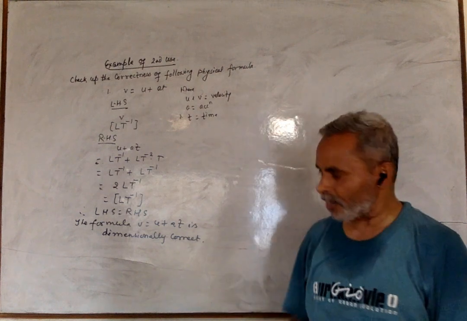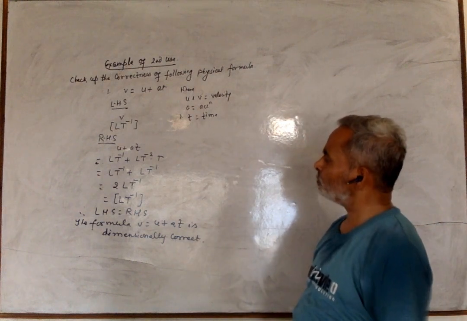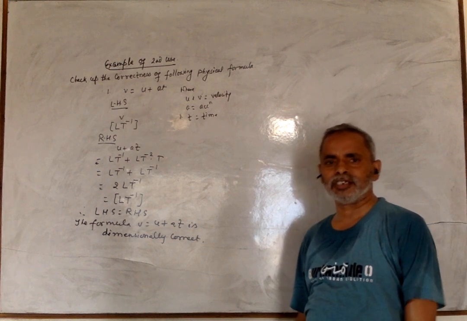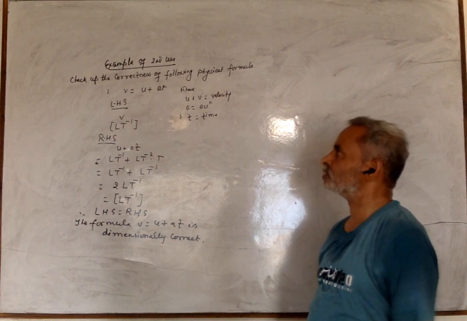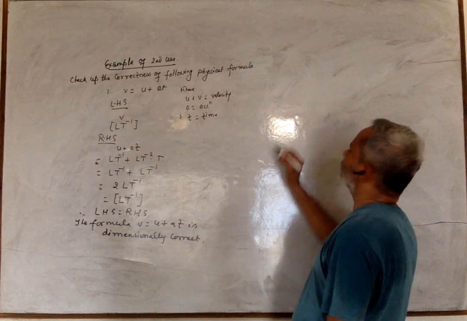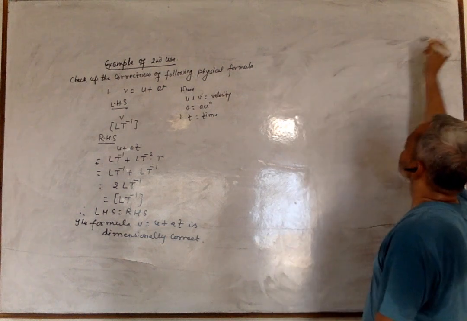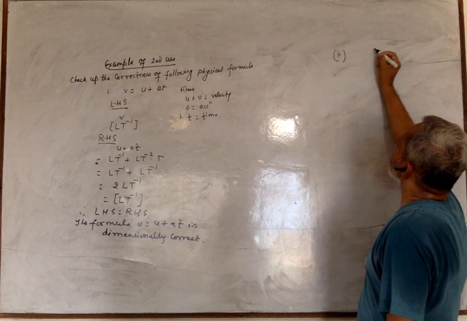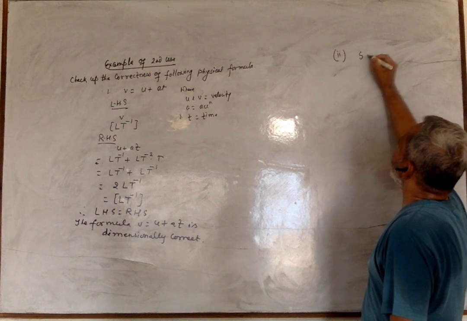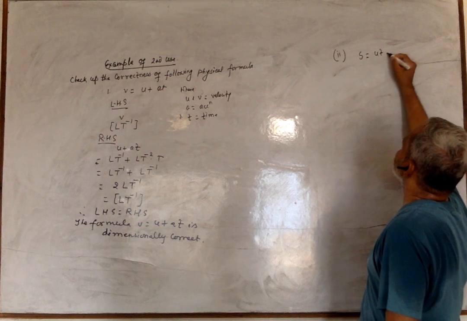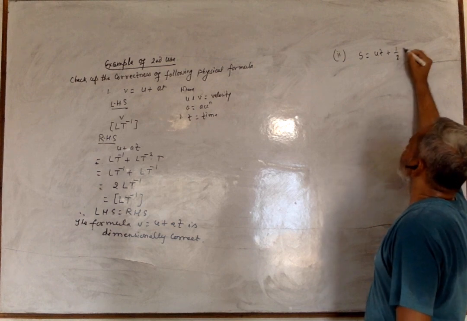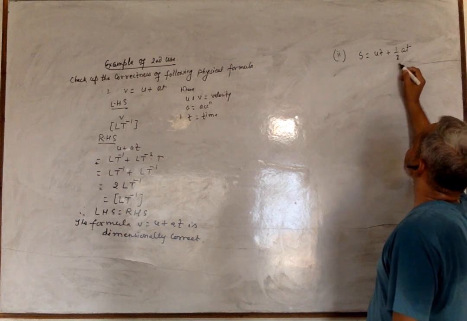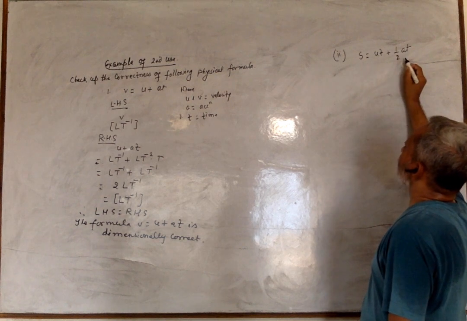It should be remembered that if a formula is dimensionally correct, it is not necessary that it is mathematically correct. For example, take the second equation of motion, S equal to ut plus half at square. This formula is correct.